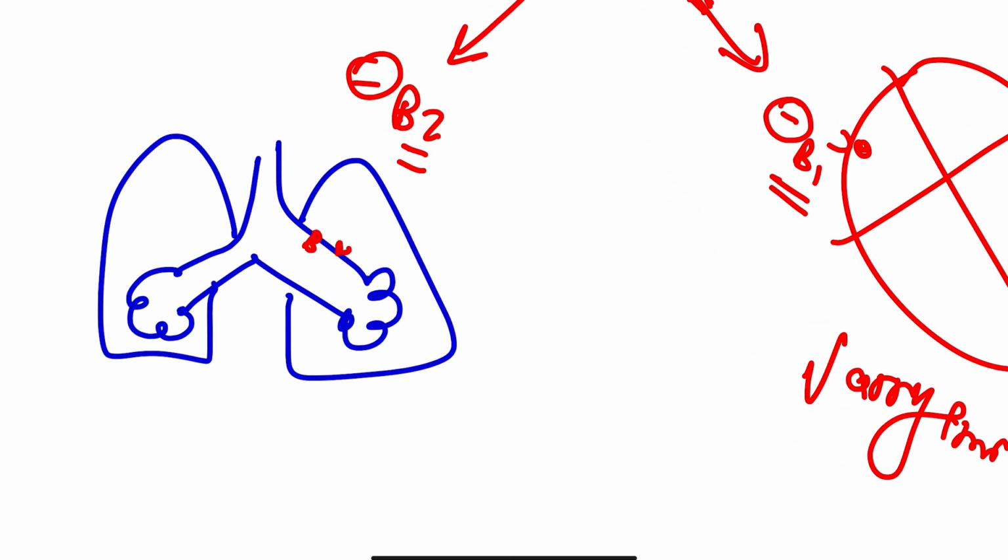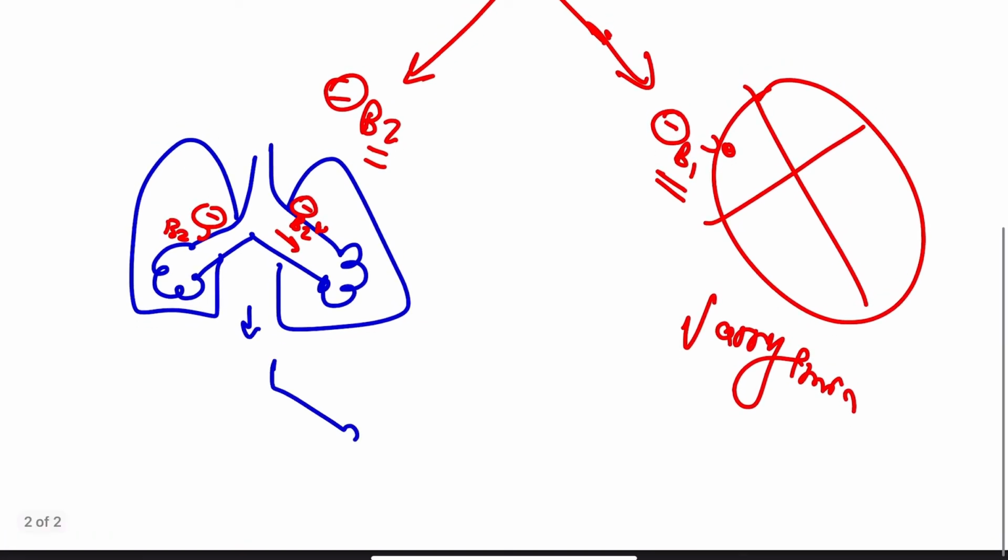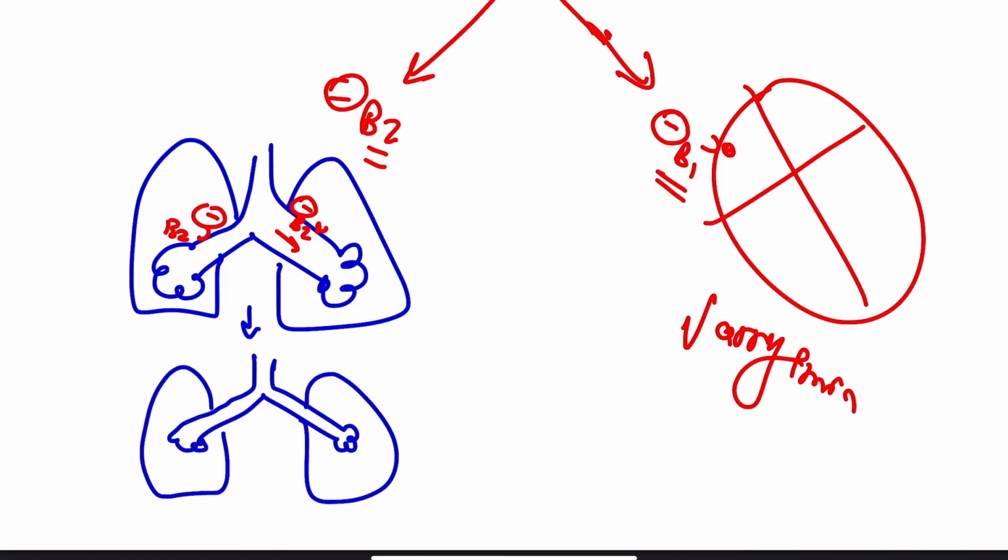Okay, if I don't block beta 2, normally what does it do? It dilates the bronchi, makes them wider, so I can bring more oxygen. So if I inhibit beta 2 here, what will happen? The bronchi will constrict. They will become narrower.